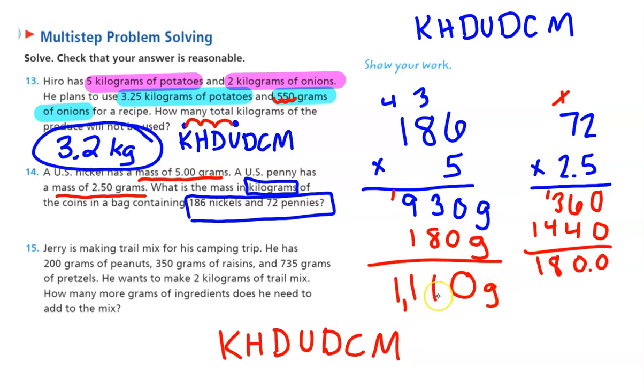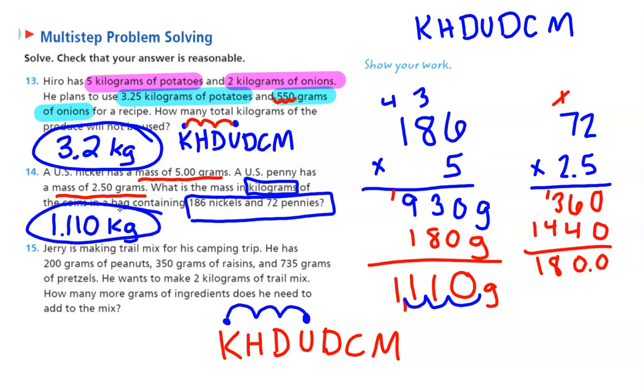And so I have 1,110 grams, which is here, and it specifically wanted me to label it in kilograms. So that's going to be 1, 2, 3 shifts to the left. So I'm going to go 1, 2, 3 shifts to the left, which means I have 1.110 kilograms of weight.